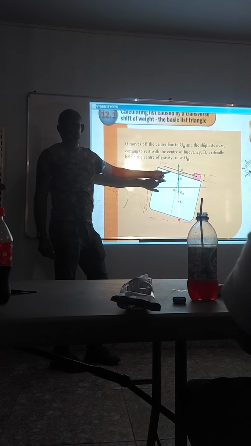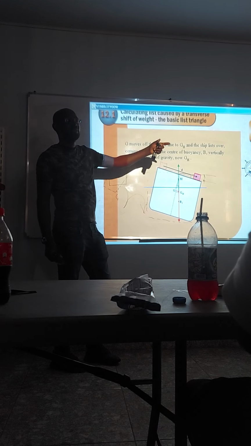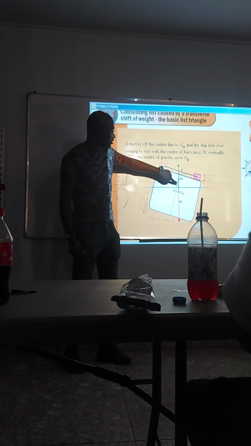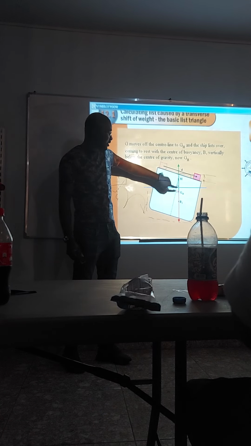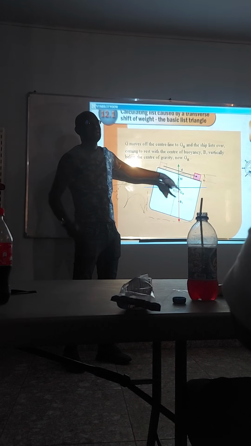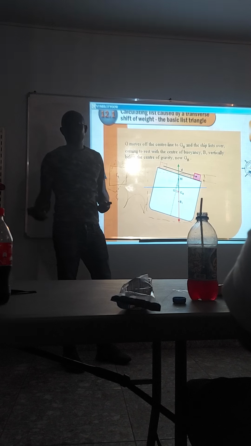Tan caters for the opposite, the side that is opposite the angle. The angle is always going to be here, and what we have to calculate is always going to be here. So in all cases, we're going to use the tan ratio.